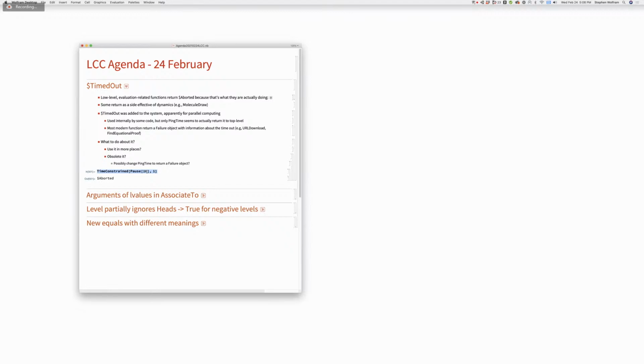I'm beginning to think it might be better to phase it out. Mm-hmm. I have the impression that $TimedOut is like a sibling of $Failed. And in the same way that now we can use $Failed or failure, I think this could be some sort of possibility offered to users, and they can use $TimedOut or failure for expressivity.